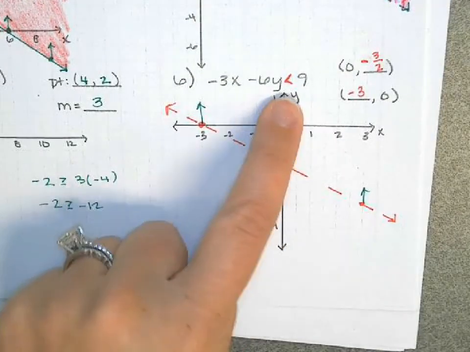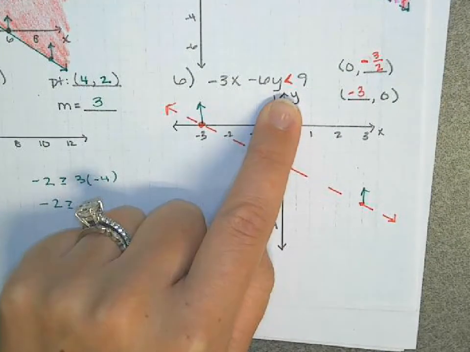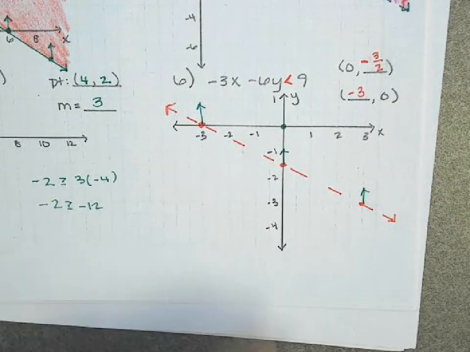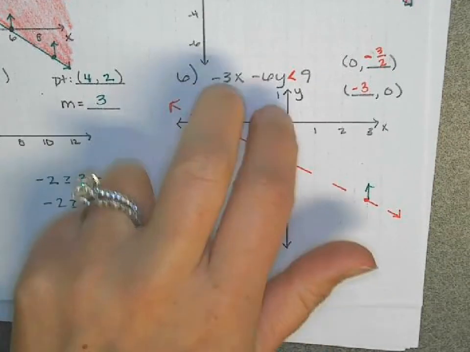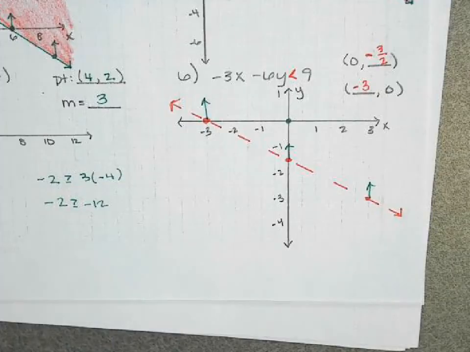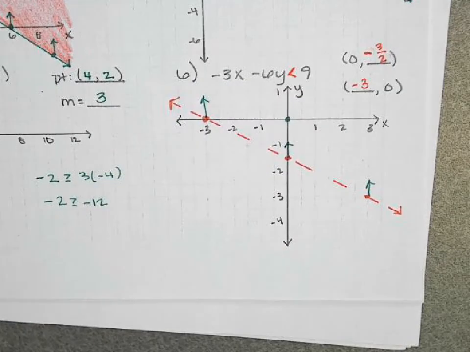Now notice that sign looks like less than, right? Usually that means we shade down. So be careful, because if both your x and y are on one side, that sign's not going to show you what way to shade. If it's y compared to the equation, it'll tell you which way to shade. But if you're x and y, pick a point and check it.